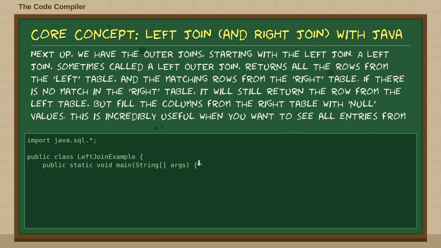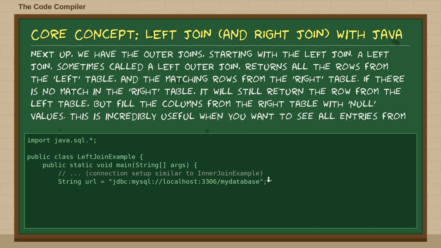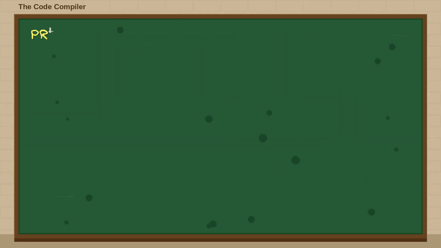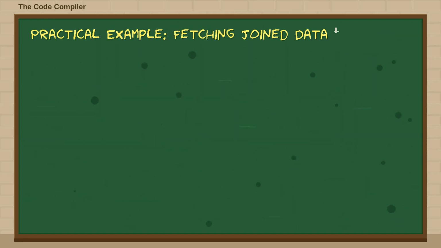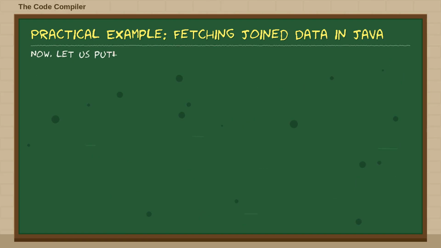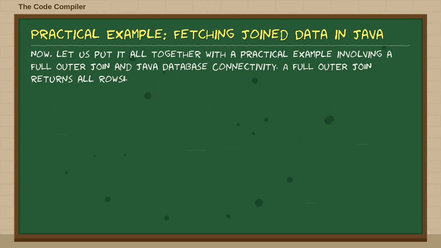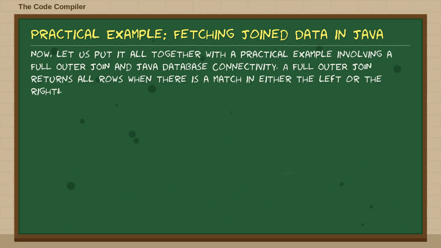The right join works symmetrically, returning all rows from the right table and matching rows from the left, with nulls where no match exists. Now, let us put it all together with a practical example involving a full outer join and Java database connectivity. A full outer join returns all rows when there is a match in either the left or the right table.